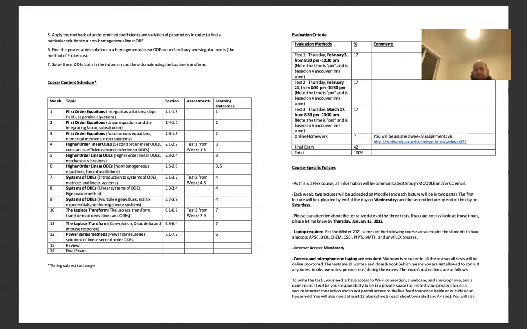Polynomials contain a finite number of terms, right? x to some highest power, which is called the degree of the polynomial, plus lower powers of x, all the way to plus a constant. But if we generalize this to an infinite sum, for example, a0 as our constant plus a1x plus a2x squared plus a3x cubed plus and so on, then if we have an infinite sum of this form, we call it a power series.